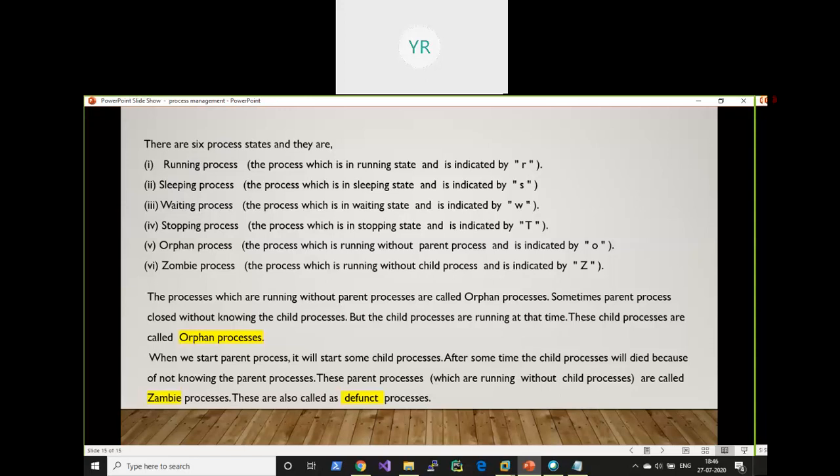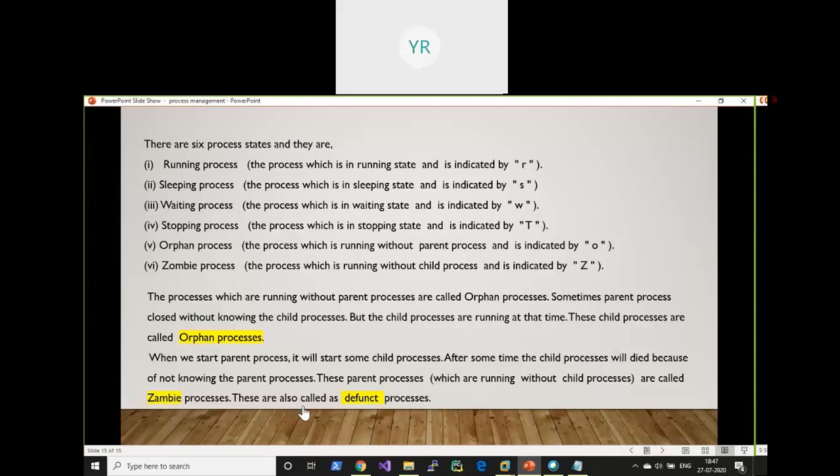The kernel knows whether a process died or not only if it was entered in the process table. So a parent process started a child process, the child died after some time, but the parent will not know, because it was not entered in the process table. It takes some time to enter into that table, and meanwhile it is called a zombie process.